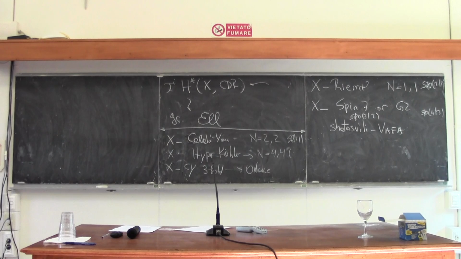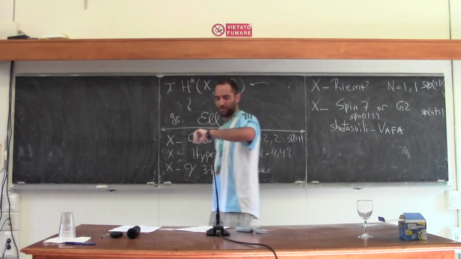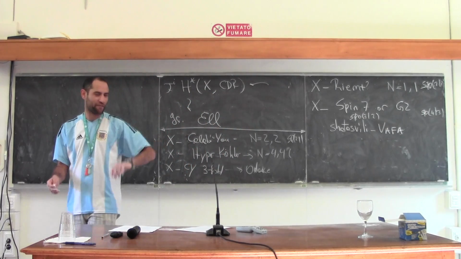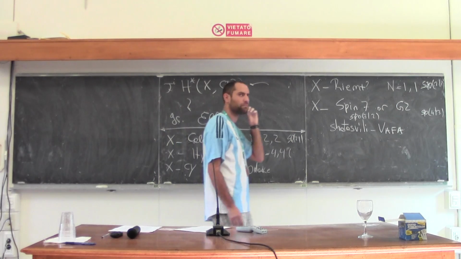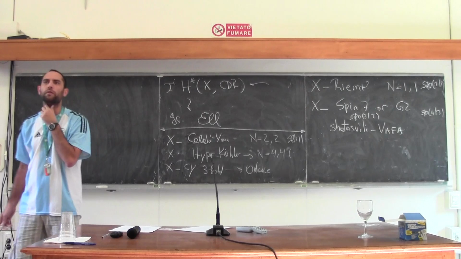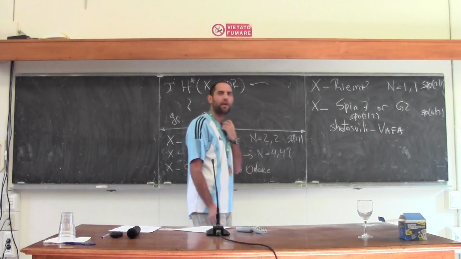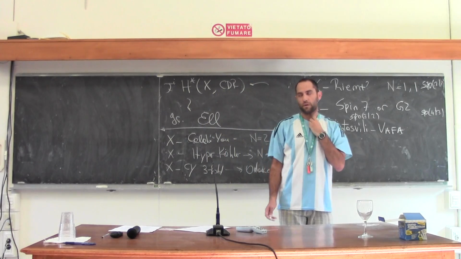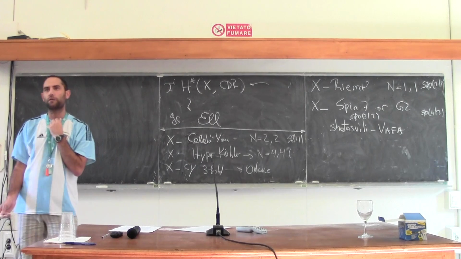Is there any kind of relation between the kind of special holonomy you have and...? I was hoping someone would ask me this when I finished. I arrived in the US about 10 years ago, probably more, and there was a thesis defense by Alberto De Sole, and he gave the following list. He said, let's classify vertex algebras generated in degree 1 and 3 halves. The degree 1 part, every physicist knows, is a current algebra. The degree 3 halves is going to be a module for this current algebra.